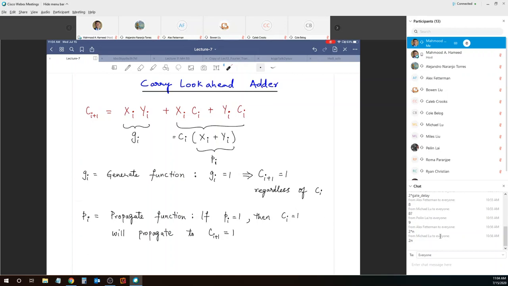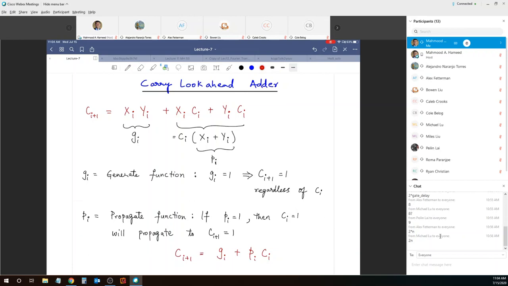Now, once I have defined these two, g and p, I will write a new expression for c sub i plus 1. C sub i plus 1 can be written in a very compact manner as g sub i or p sub i, c sub i.